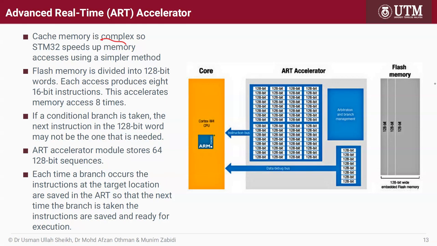Each access to memory will grab eight 16-bit instructions, since 8 times 16 equals 128. So even though you only need one instruction, it will grab eight. Maybe you will only need one, but most probably it will use all eight. It's the same way cache memory works.